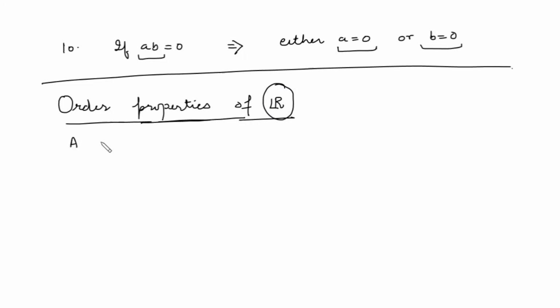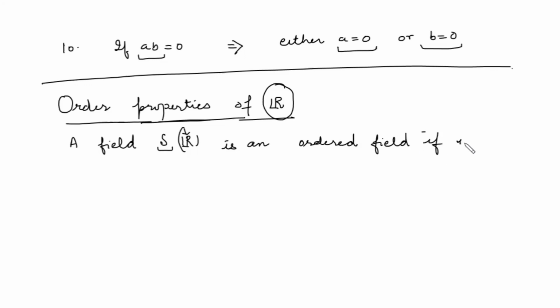We can denote the field by S, and especially R in the case of real numbers. This is an ordered field if it satisfies the following properties.